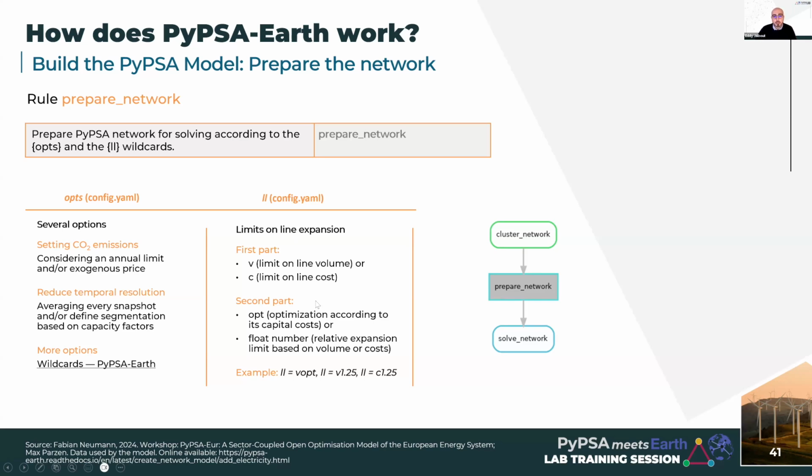And the second part is if you want to keep it purely optimized according to the cost, or we just put a float number, and with that float number we mention that we want to expand, let's say, the volume of the network by 25%, which is 1.25 here. And this is the maximum expansion of the electricity network.